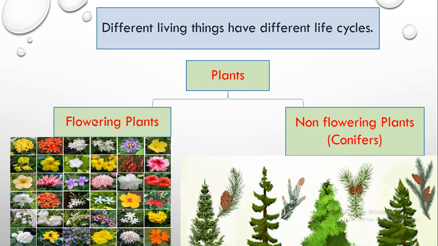The reproductive part of a flowering plant is the flower. The reproductive part of a conifer is the cone. There are two kinds of cones. We have male cones and female cones, and we're gonna study this later.